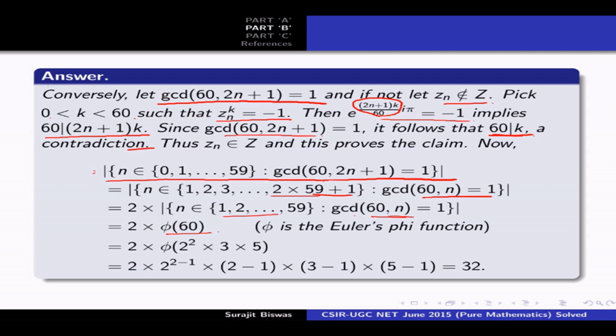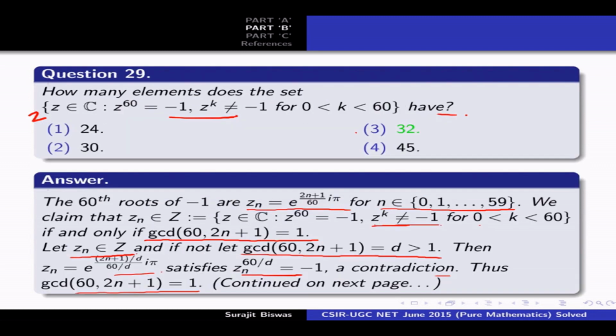So 2 times phi of 60, where the prime factorization of 60 is 2 squared times 3 times 5, and therefore the Euler phi function is 2 to the power (2-1) times (2-1) times (3-1) times (5-1), and this quantity gives us 32. Thus the correct option is option 3.